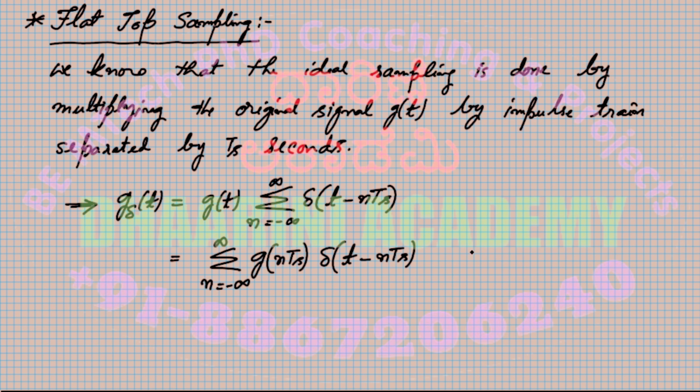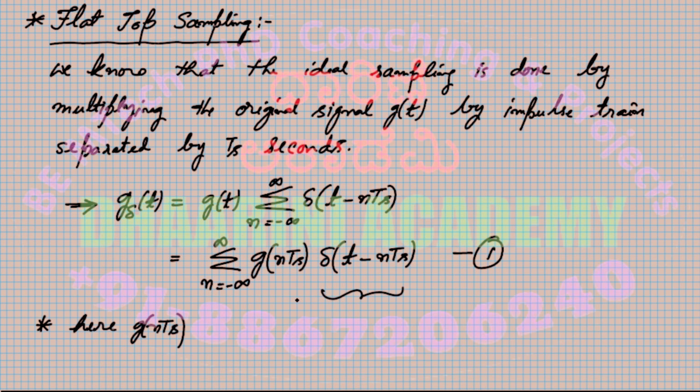Let's hold on to this equation for some time and recall what we had studied. In this equation number one, g of n Ts represents the weight of each impulse.